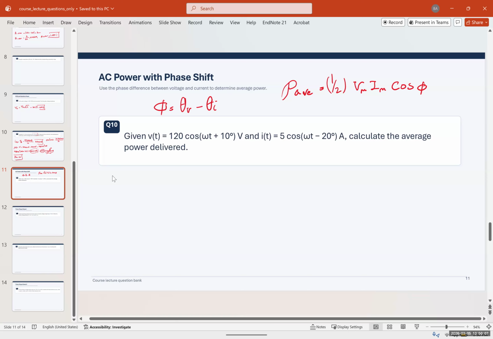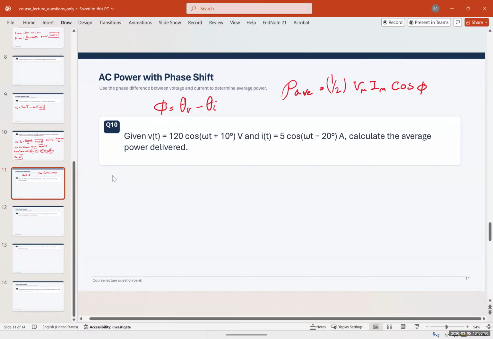Half of what? Do you want me to solve it?